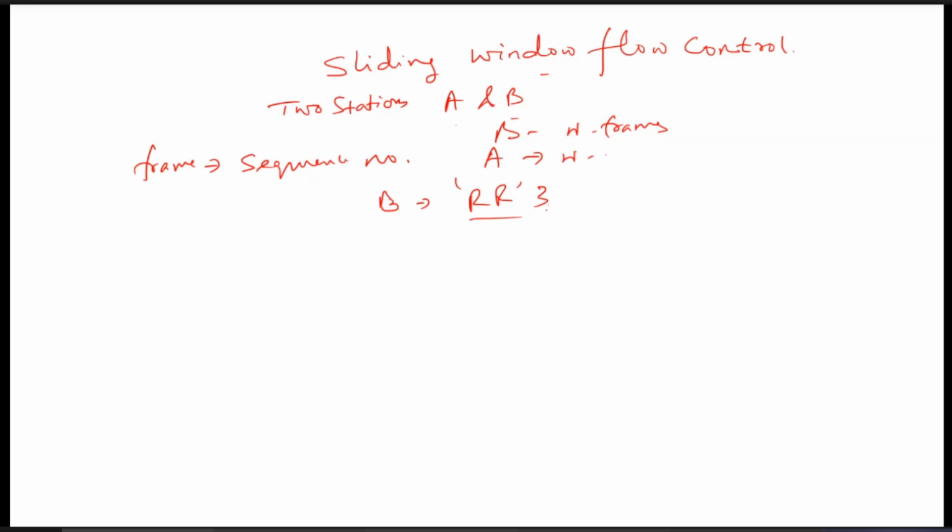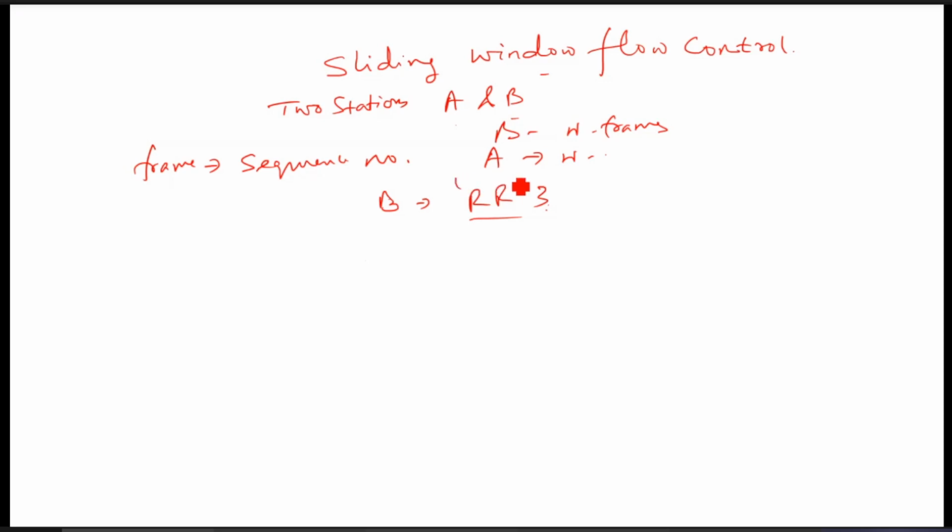In these protocols, station A maintains the list of sequence numbers that are allowed to send, and B maintains the sequence numbers that it is prepared to receive. Right. So these can be considered as a window of frames. That's why this W is used, window of frames. We'll see that the window can be expanded, or the window can be shrunk.